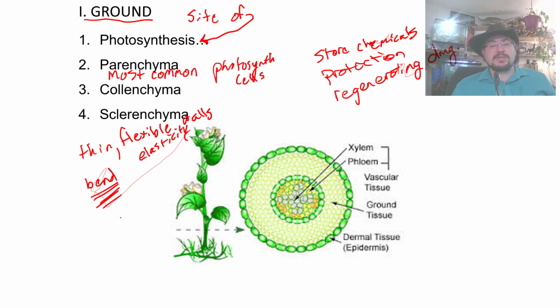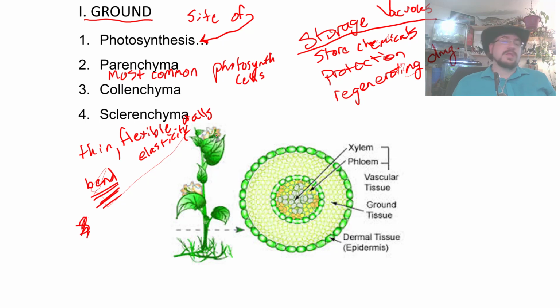In parenchyma, we can also find large storage vacuoles. So storage vacuoles go over here with storing chemicals. So in the case of a storage vacuole, multiple cells within a plant generally fuse together to make a large storage cell with a humongous storage vacuole in them, which is kind of cool.